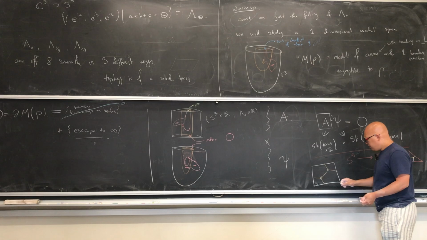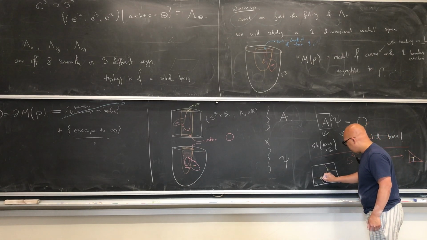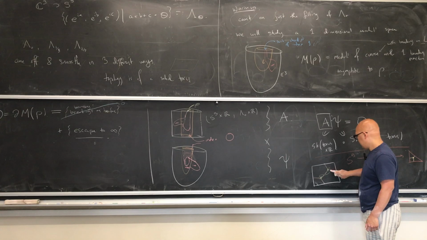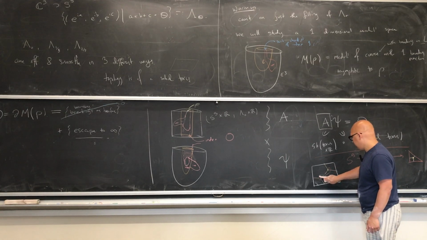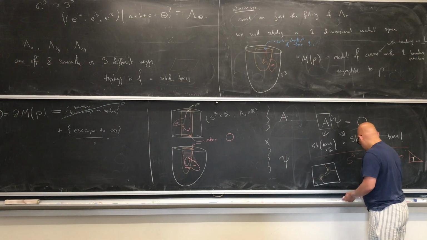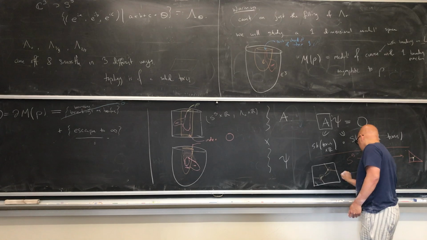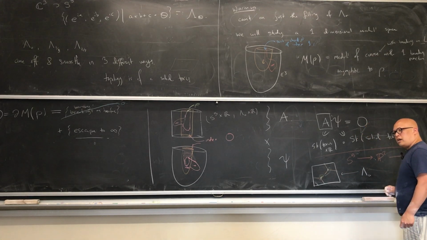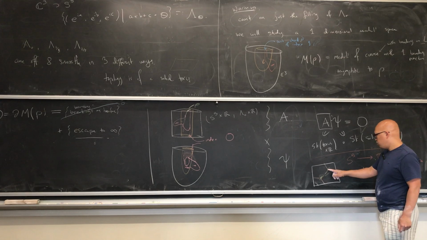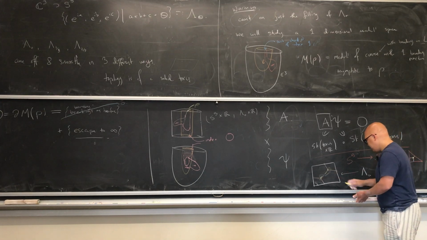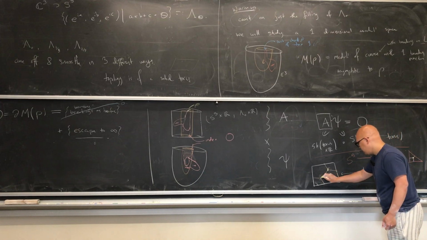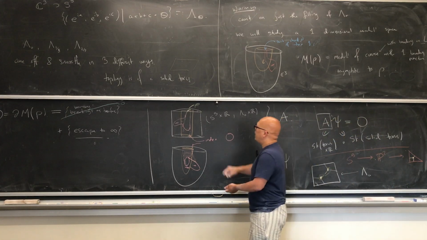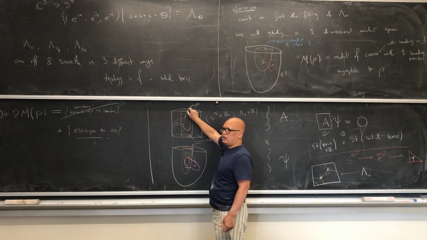And if I want to close it up, which I do, this thing is the torus lambda 0, and these yellow dots are the two end points of this Reeb chord.